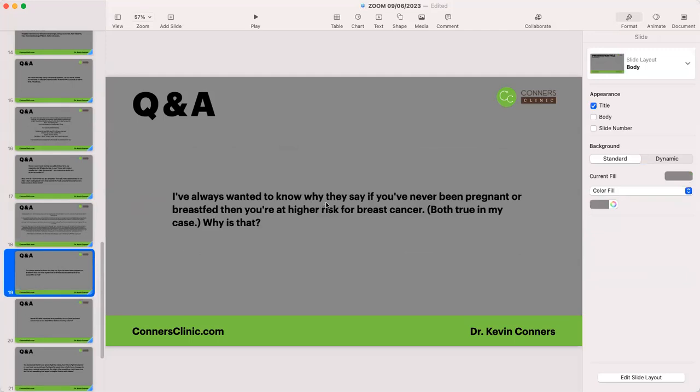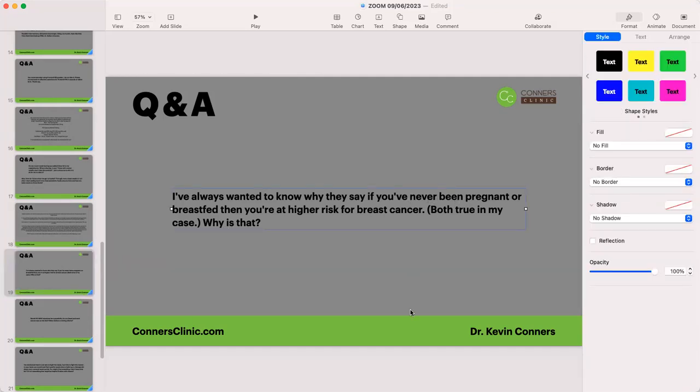I've always wanted to know why they say if you've never been pregnant or breastfed, then you have a higher risk for cancer. Both true in my case. Why is that? Because if you've been pregnant and especially if you've breastfed, you've used the lactation cells for the purpose that they're created.